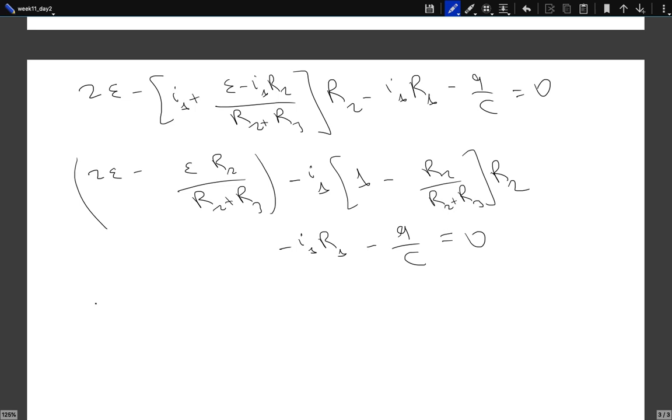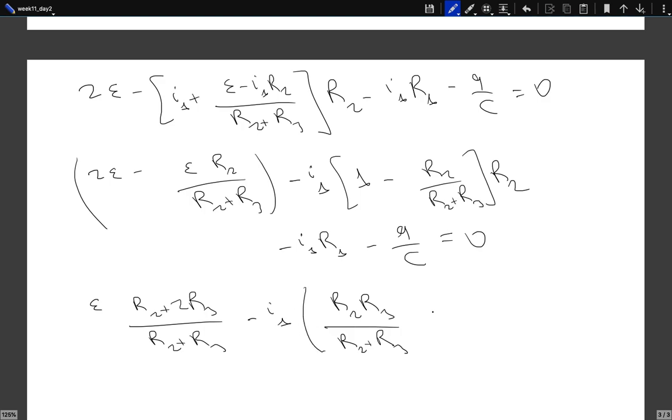We have, let me now simplify it even further. Twice R2 plus, no, R2 plus twice R3, the first parentheses, minus I1, this is R2 R3 divided by R2 plus R3, plus R1, minus Q over C, this is equal to 0.